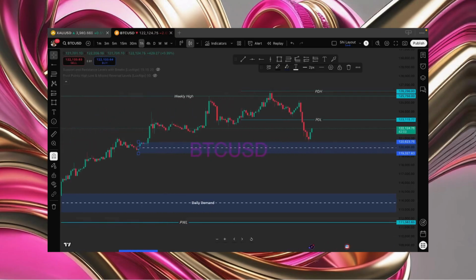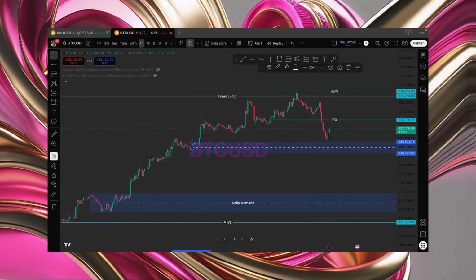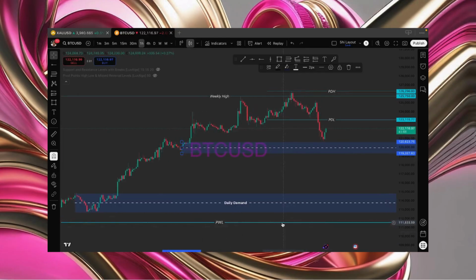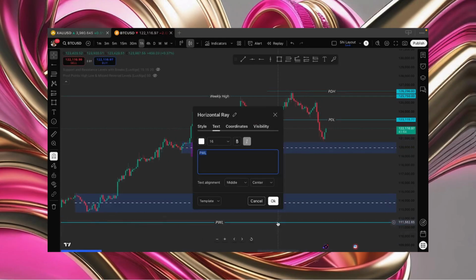Okay, so once I have my 4-hour chart, I drop down to my 1-hour chart, and this is just me. This is how I line up my possibilities, right? So I have, let me put this on. We're going to do weekly low. Okay.